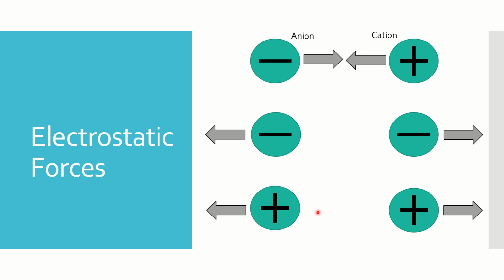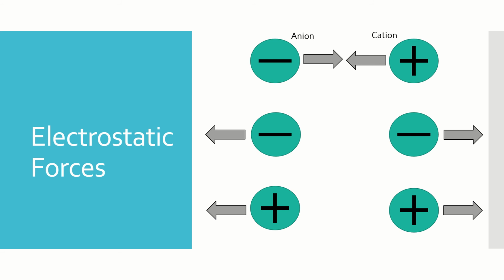And so these two ions are going to push each other away, and these two ions are going to push each other away. But if you put a north pole and a south pole of a magnet together, they're going to attract. They're going to magnetize, right? They're going to stick together. And same with an anion and a cation. We've got opposites attract and like ions repel each other. This is a good summary of electrostatic forces.